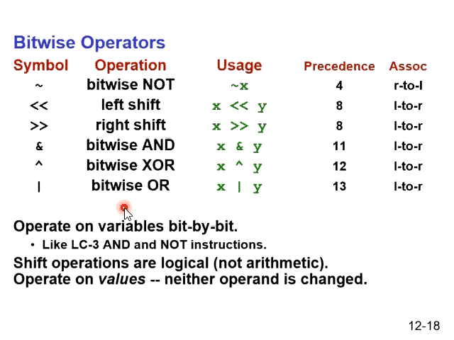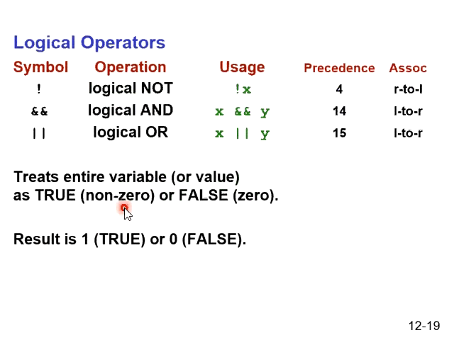We also have some bitwise operators. When you study digital logic, you study them, and when we study C, we can use the bitwise operators. And with logical operators, we use logical NOT, logical AND, or logical OR to combine and get a bigger expression if you want to compare.